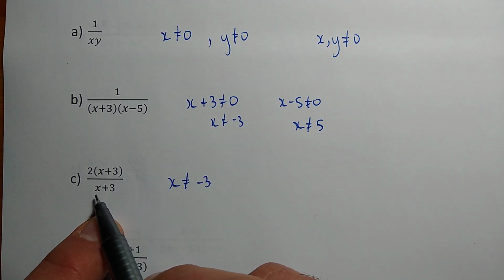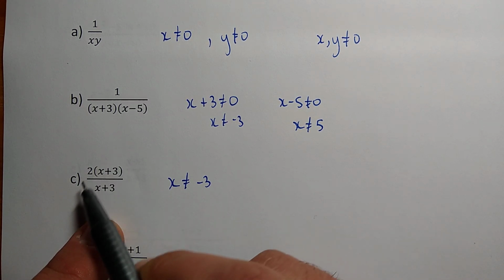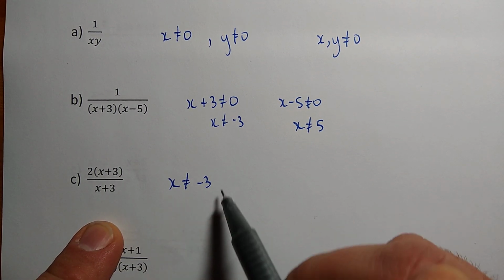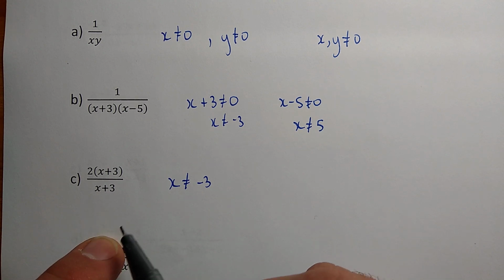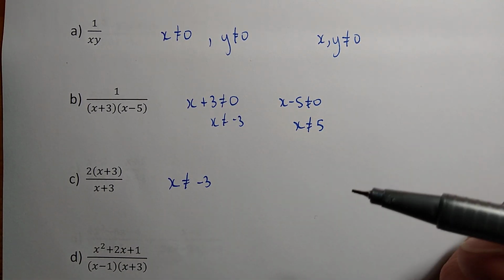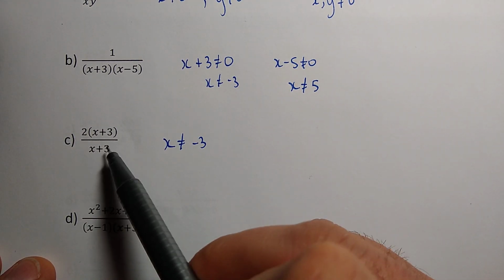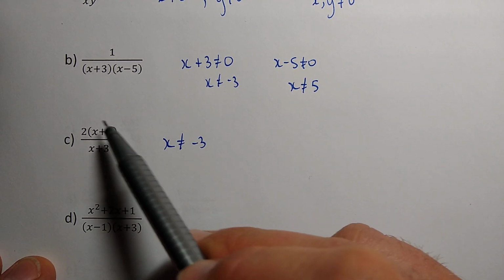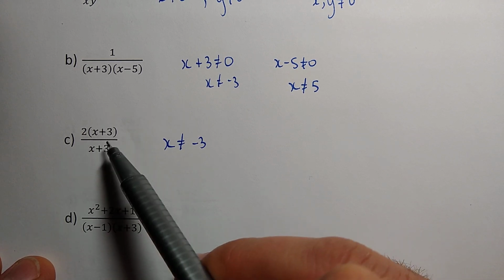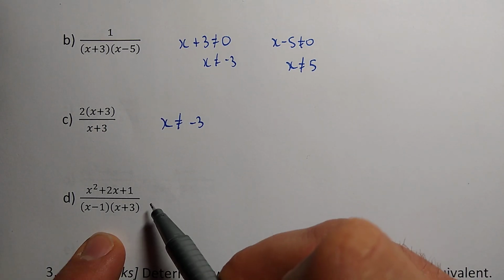That would make the denominator 0. So yes, this is equivalent to the expression 2 with this restriction, but there's no need to actually do that canceling just to find the restriction. And most importantly though, once you cancel these out, you do have a restriction. This is not equivalent to 2. It's equivalent to 2 with the restriction.